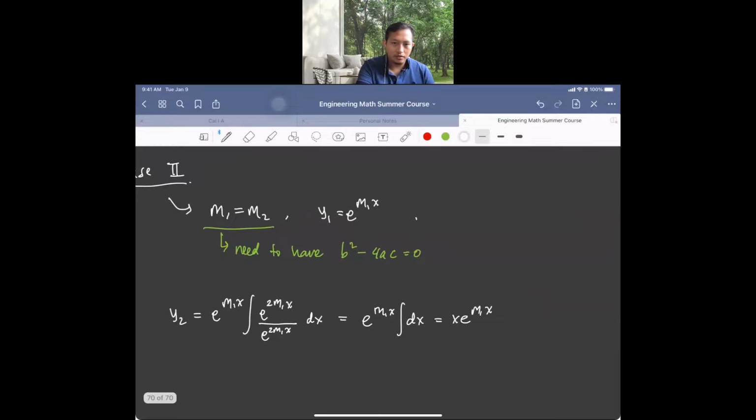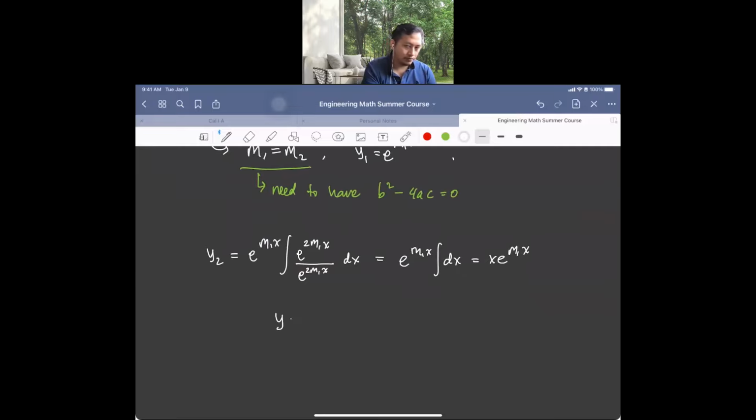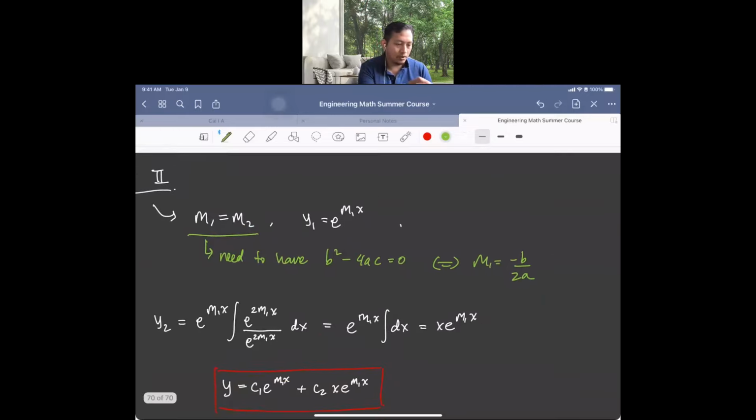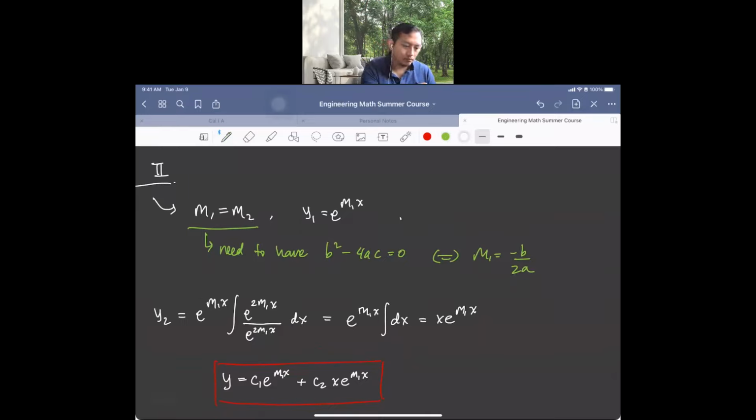And remember, for the quadratic formula, one way to have m1 is from minus b over 2a.